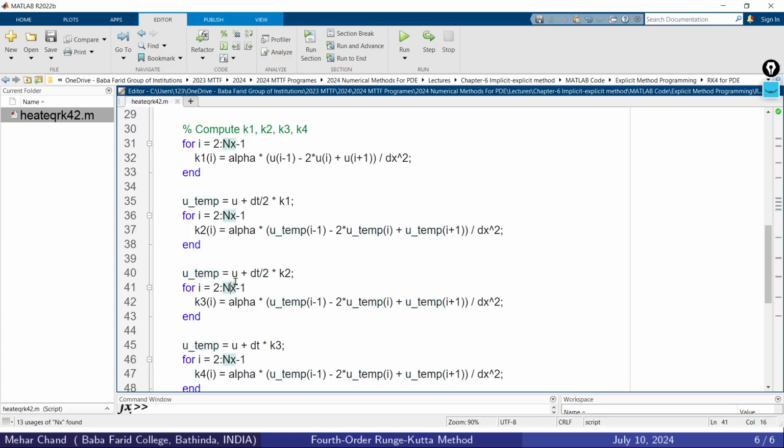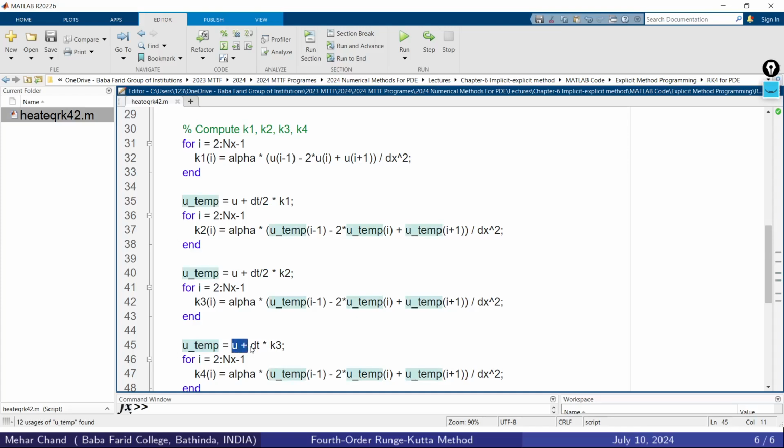This will be equal to u plus dt upon 2 product K2, and this value will be used to update K3, which will be equal to alpha product of u temp i minus 1 minus 2 u temp i plus u temp i plus 1, upon dx square, and the value K3 will be stored at this place.